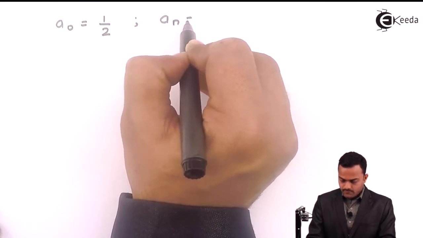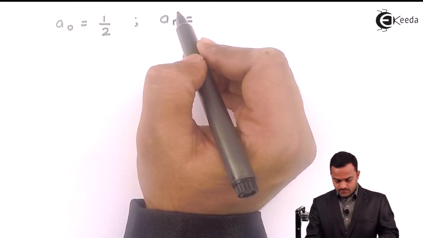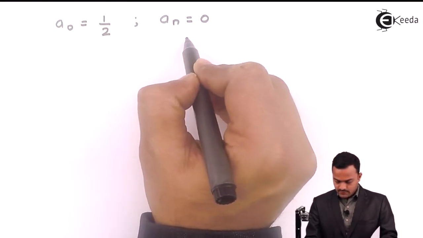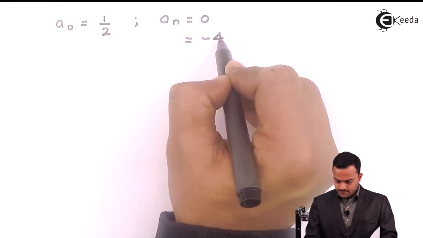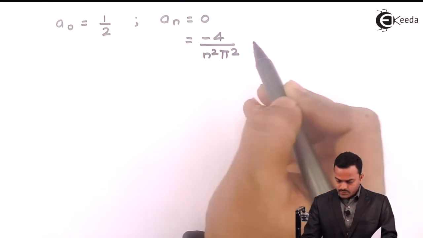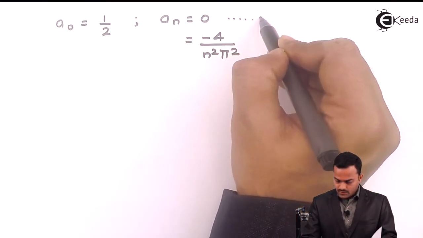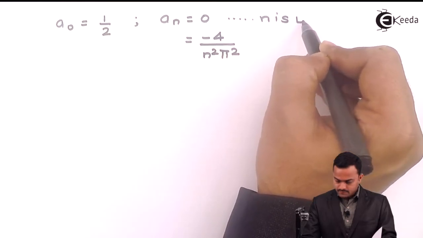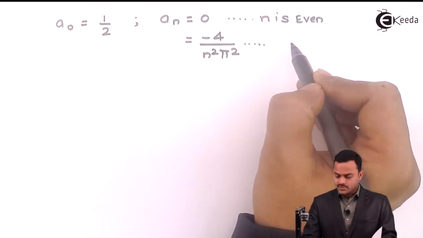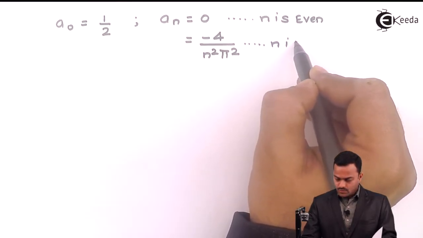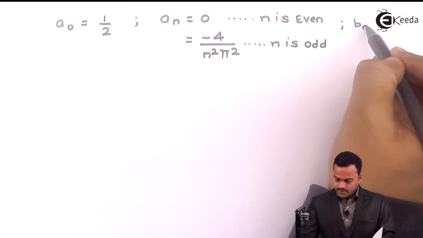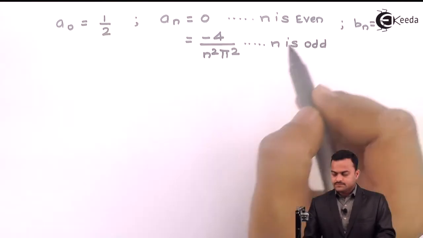An we are having two values. First we are having 0, and second value we obtained as minus 4 upon n square pi square. 0 is for even number of n, and minus 4 upon n square pi square is for n odd. And finally Bn will be having a value 0.